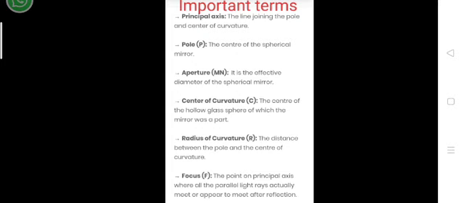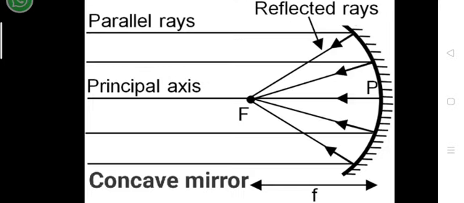The next one is the most important, the focus. The point on the principal axis where all the parallel light rays actually meet, or appear to meet, after reflection is known as the focus. Look at the diagram.